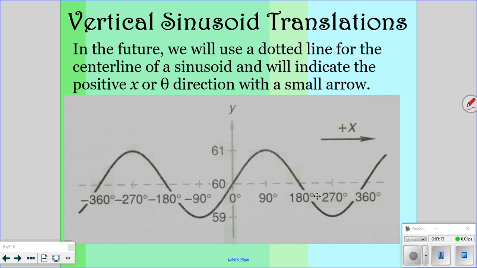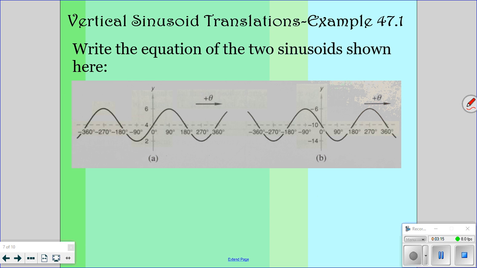So let's look at these two. We want to write the equation here. So for this first one, we are going to be learning about CAFPA eventually, but right now we are only up to the C, A, and F. The C is for centerline.